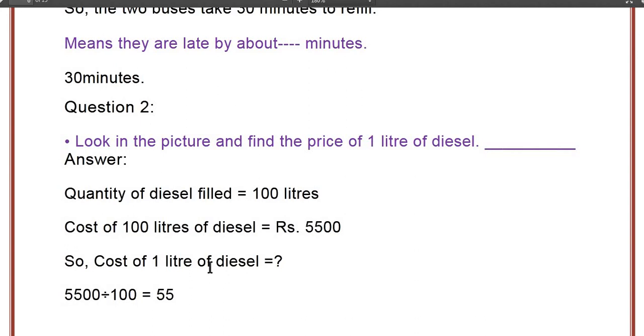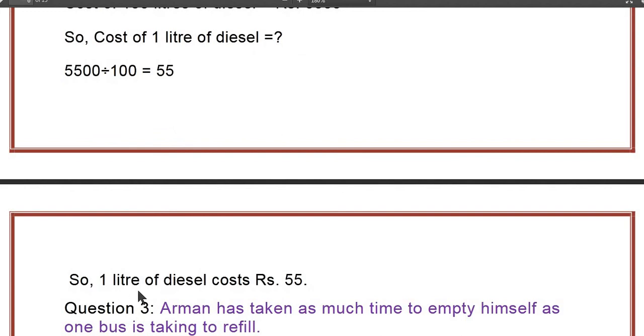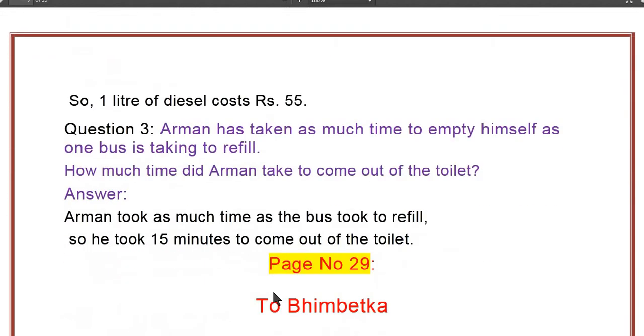In our textbook there is a picture of the petrol pump and here it is written 100 liter and 5500 rupees. So 5500 divided by 100 is equal to 55 rupees for 1 liter diesel.